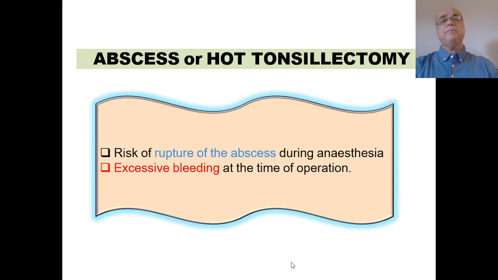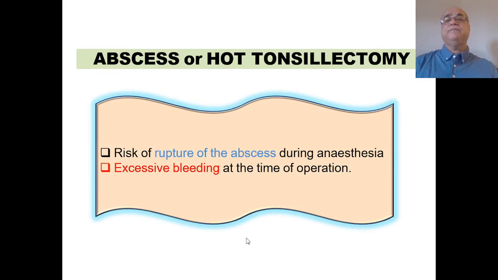But here some people are in favor of hot tonsillectomy, but there is the danger that during intubation, due to the Macintosh laryngoscope, the abscess can rupture, and of course an acute inflammatory process is going on, so excessive bleeding per-op and post-op, so the complication rate is higher in hot tonsillectomy.